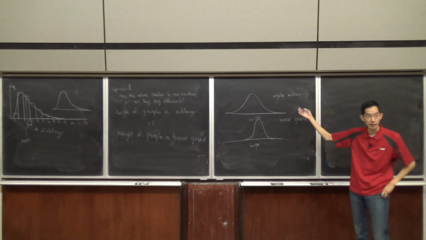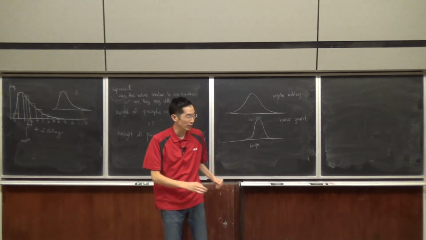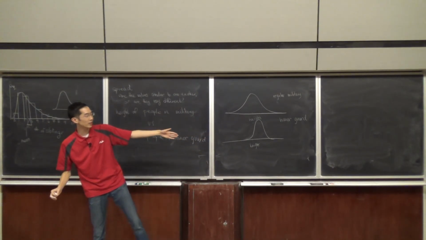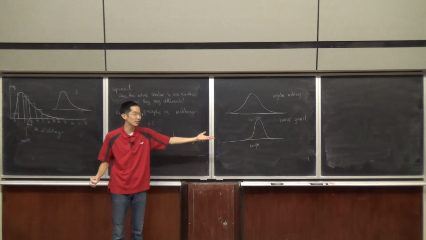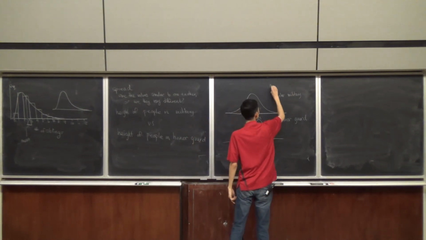The regular military. Here we are likely to see a wide variety of heights, whereas in the honor guard, you won't have as much difference in heights. So we have more spread here.